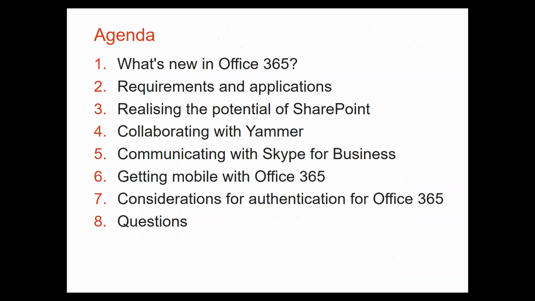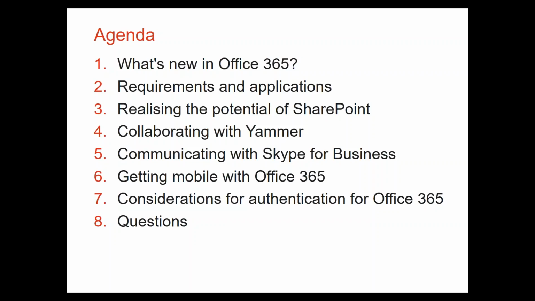So as I mentioned, today I'm going to talk a little bit about what's new in Office 365. I have updated this since the last time I ran this webinar a few months ago, because Office 365 is changing every day, and new features are available now than they were 3 months ago. I'll talk about how to assess your requirements and which applications can help you meet those requirements.